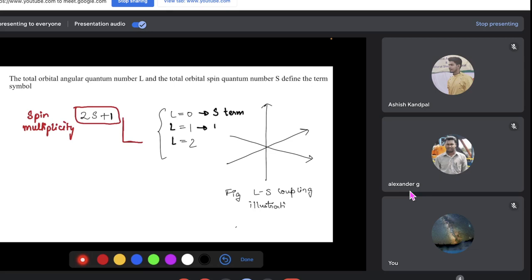If it is 1, then it is P. If it is 2, then it is D. If it is 3, then it is the F term.